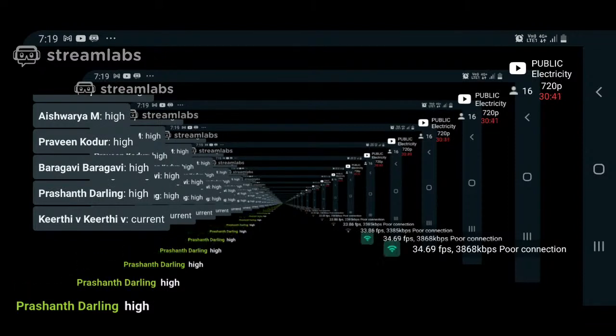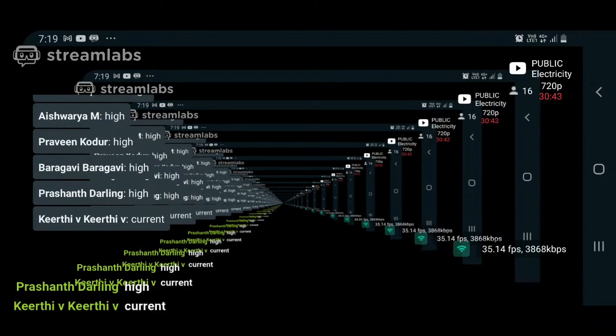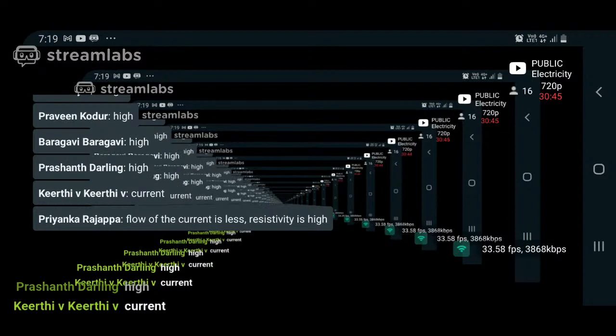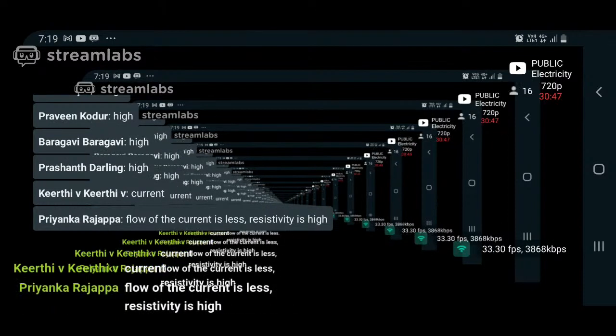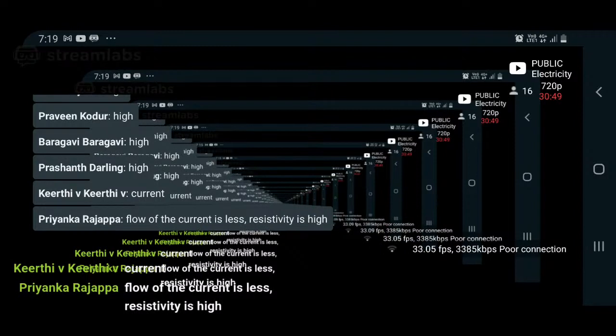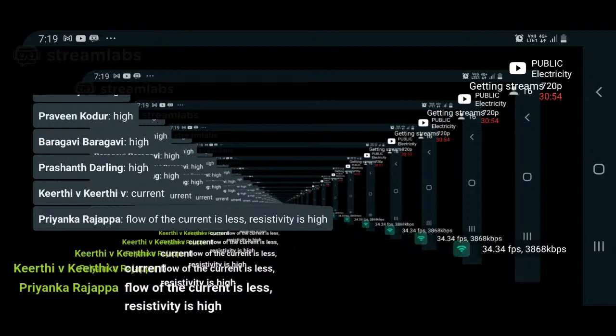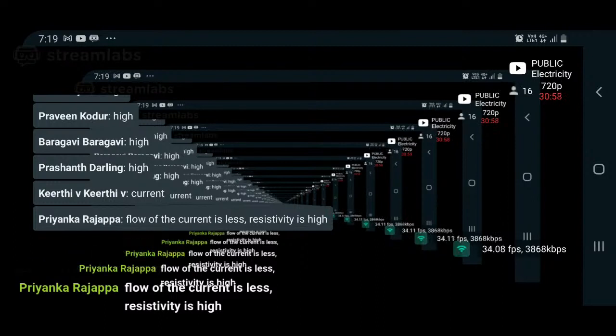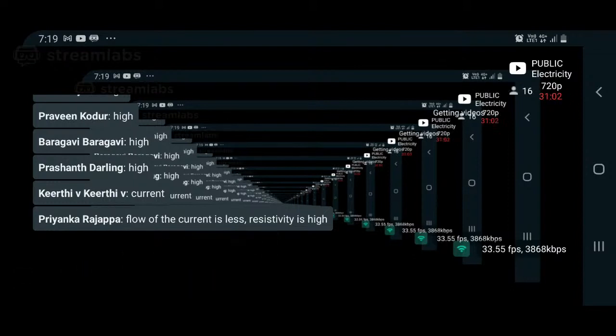Then absolutely wrong, Kirti. Very wrong concept. What I told? Insulators will have high resistivity. Then what will be the flow of the current?